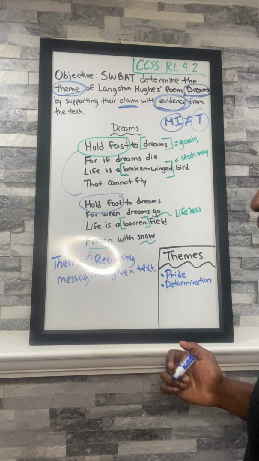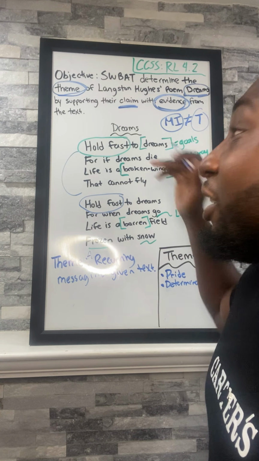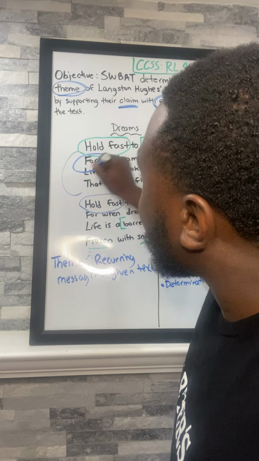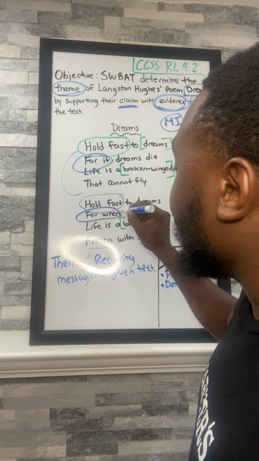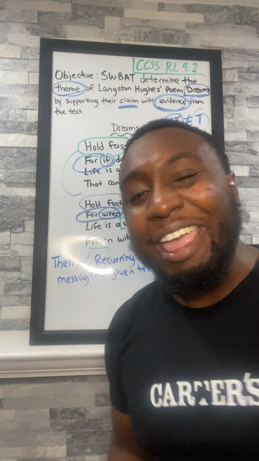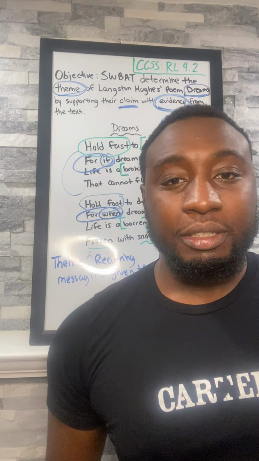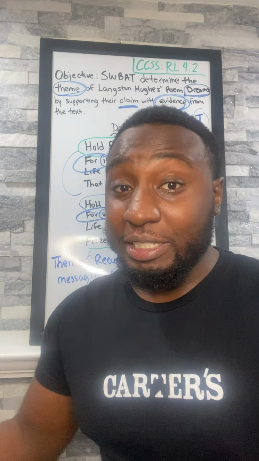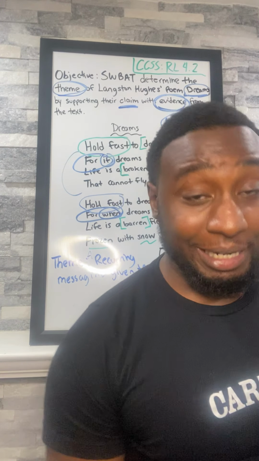So what else is recurring? Okay, so they're gonna be like, okay, I did the first one. What about the second stanzas? For when, for if. See, keywords. For when and if. Then you want to go into what is the difference between if and when. If and when are completely different. If I get the job versus when I get the job.